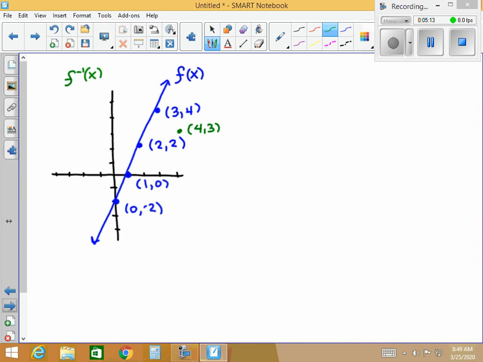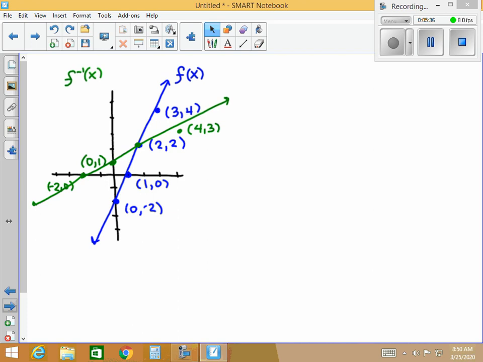We don't flip anything any which way other than x becomes y and y becomes x. So (2, 2) stays (2, 2). (1, 0) becomes (0, 1). And (0, -2) becomes (-2, 0). And I missed there, but pretend that that goes through my points.